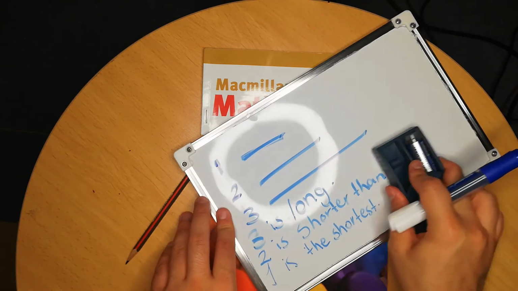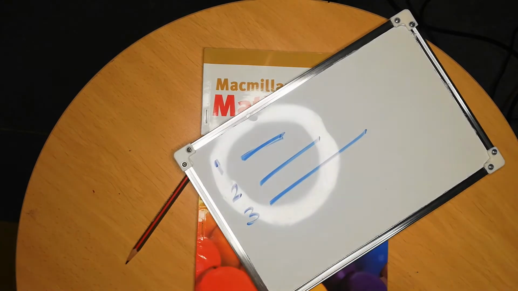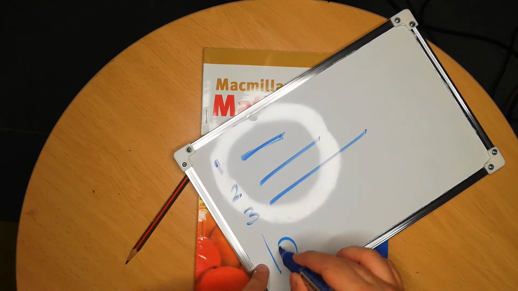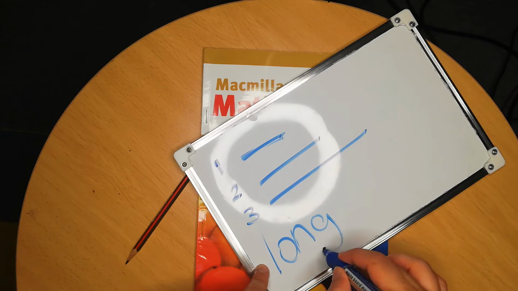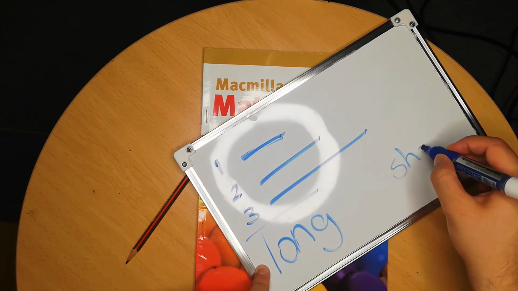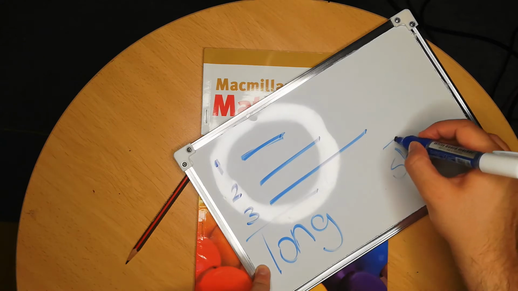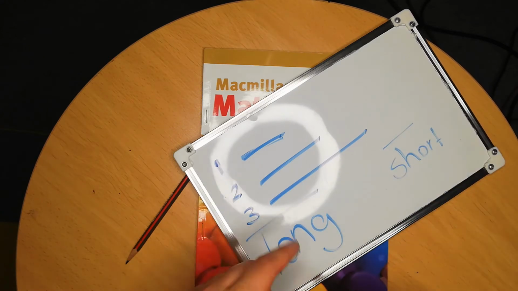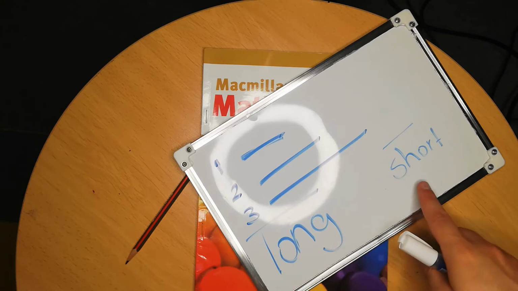Okay, so the two words we have to learn are long and short. Okay, so these are the two most important words you have to remember: long and short.